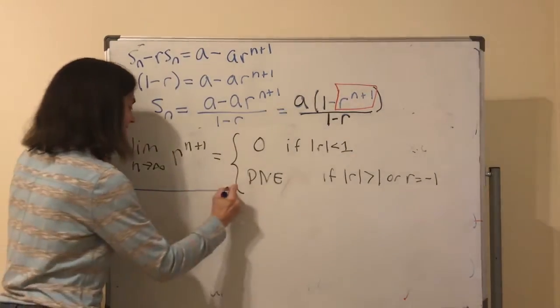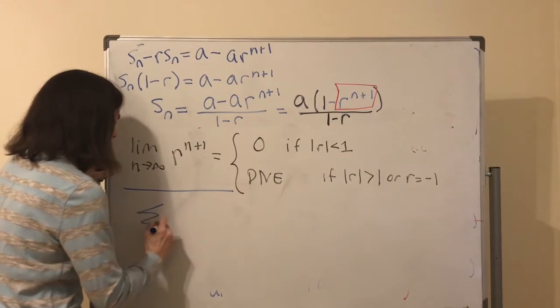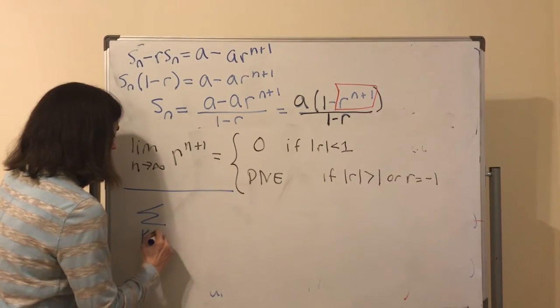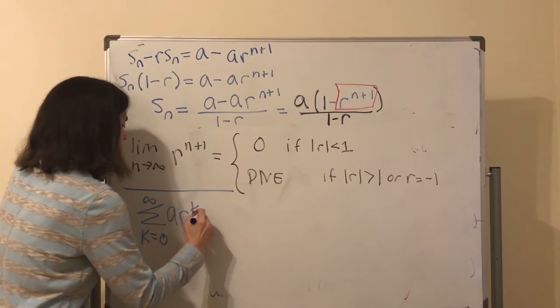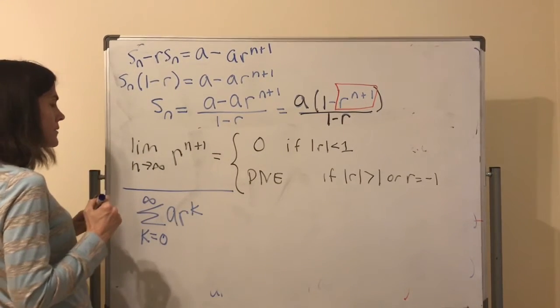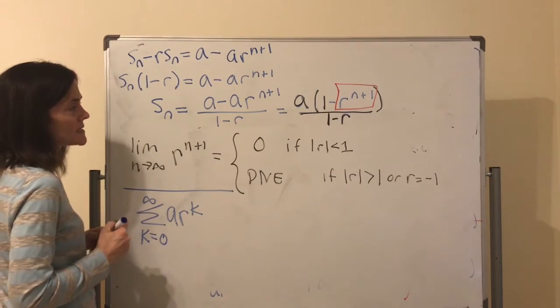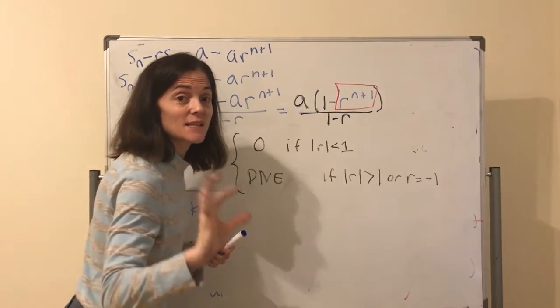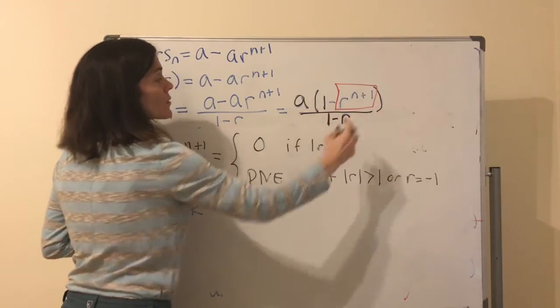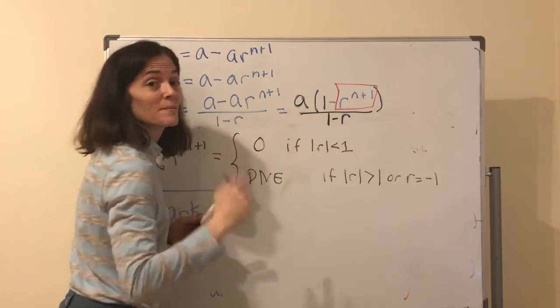Okay, so we put this all together and let's make a statement about the geometric series. Okay, here we go. The sum, I'll write it in this form. What we see from this calculation, if we are in the case absolute value of r less than 1, this goes to 0, the limit is a over 1 minus r.